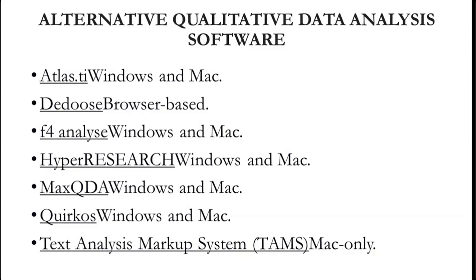DDoS is available, but it is only browser based. There is one free software, text analysis markup, but it is only for people who have a Mac. It's not for Windows, and it doesn't have all the features. Compared to the others, NVivo has the best options, followed by MAXQDA, then Atlas.ti, which also has some of the best options.